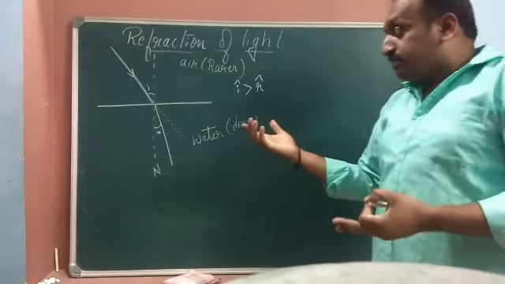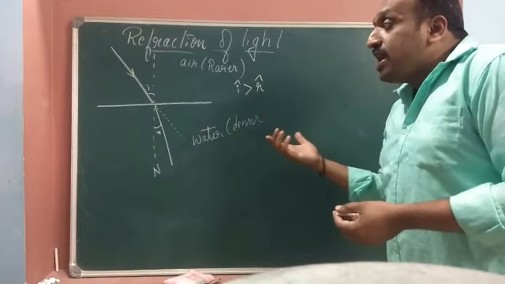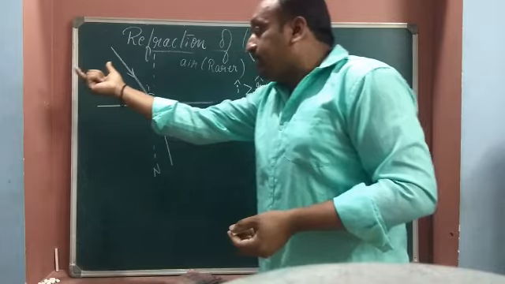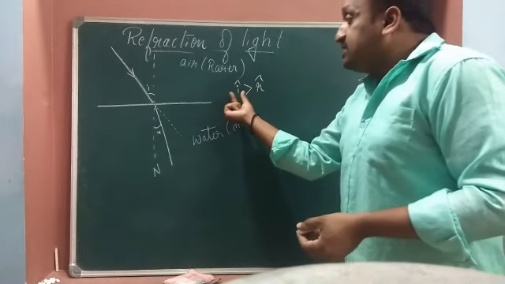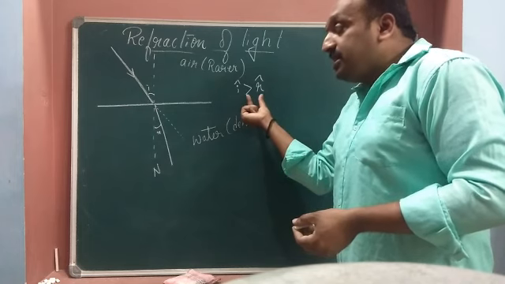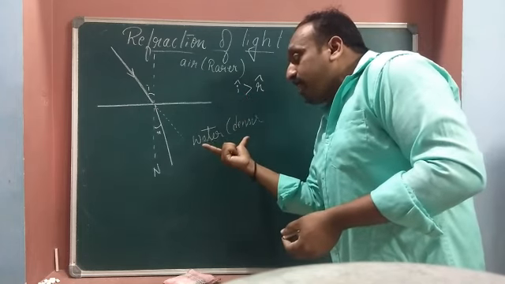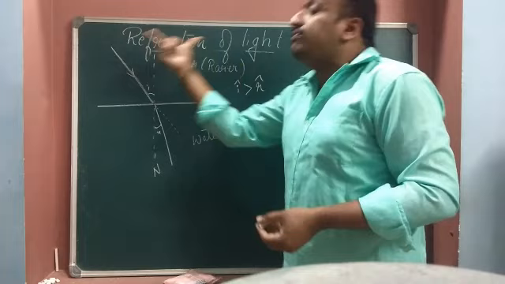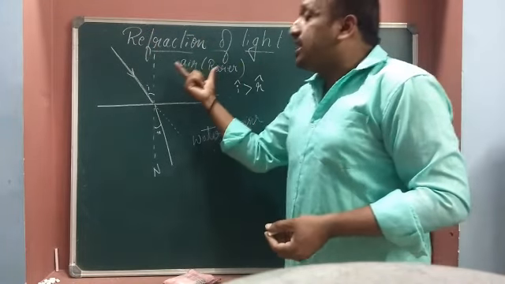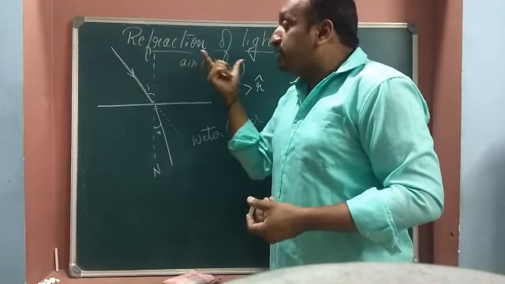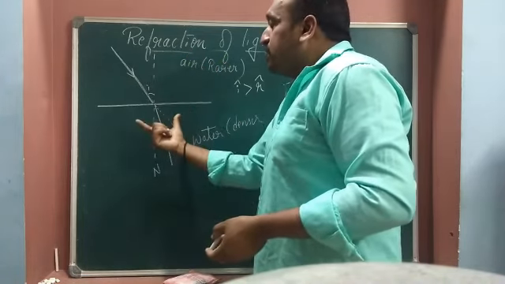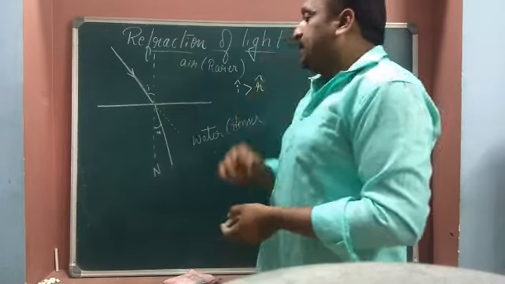It means if the ray of light passes from a denser medium to a rarer medium, then the angle of incidence will be smaller than the angle of refraction. It means the ray of light bends away from the normal when it is moving from a denser medium to a rarer medium. If it is moving from a rarer medium to a denser medium, it will bend towards the normal.